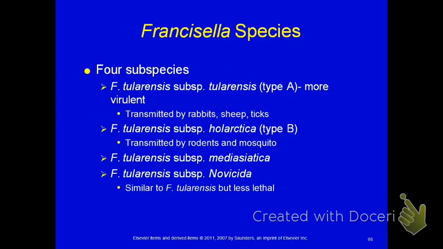There are 4 subspecies of Francisella. This includes the subspecies tularensis type A, which is more virulent and transmitted by rabbits, sheep, and ticks, also known as biotype A. Then, another one would be biotype B, the subspecies holarctica, which could be transmitted by rodents and mosquitoes.